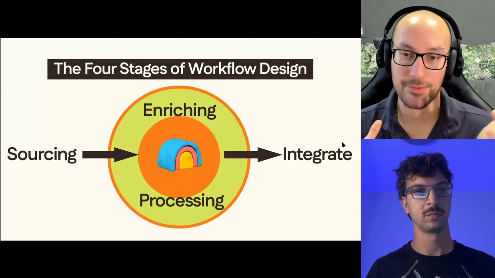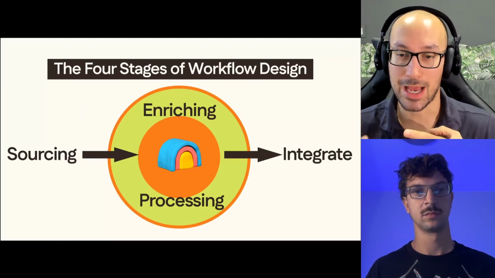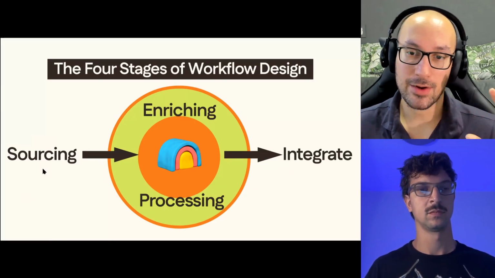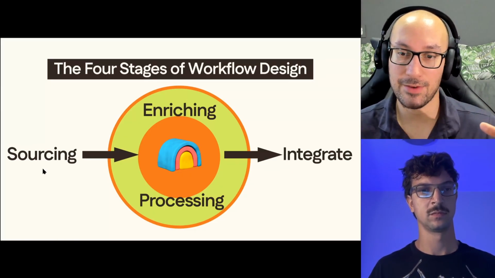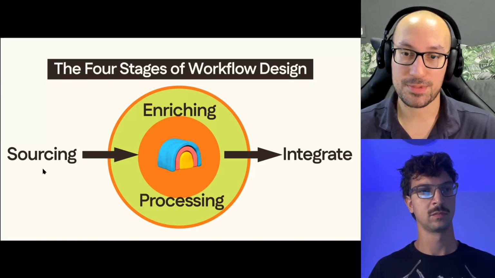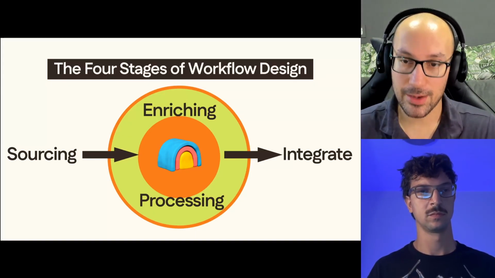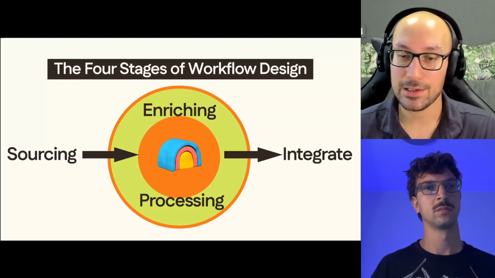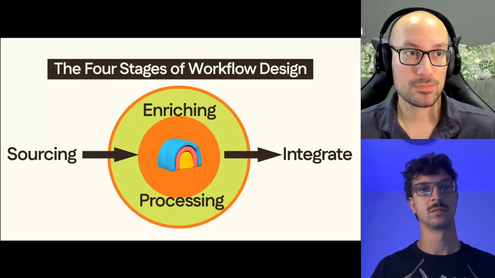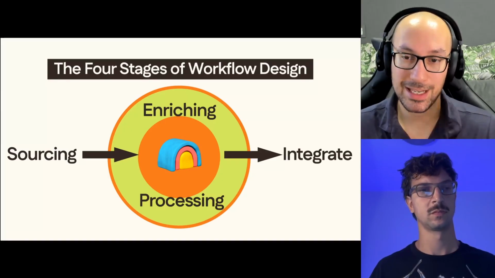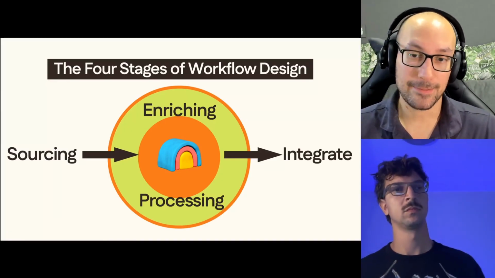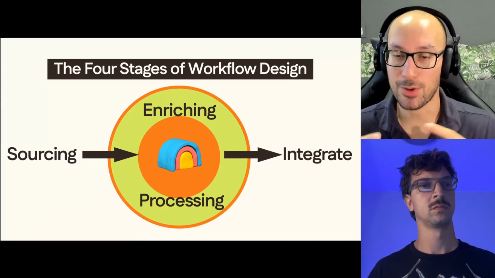And inside Clay, you have four core actions. One is sourcing. So sourcing means that you can grab any piece of database that you have, let's say your website visitors, your CRM. It can be your first degree connections on LinkedIn. It can be a database of leads or companies in a CSV format. You can have many formats.